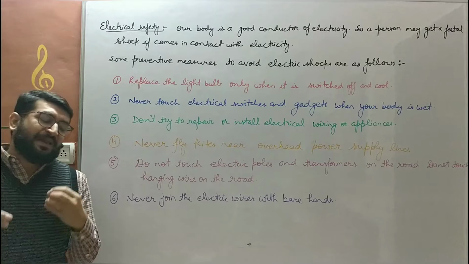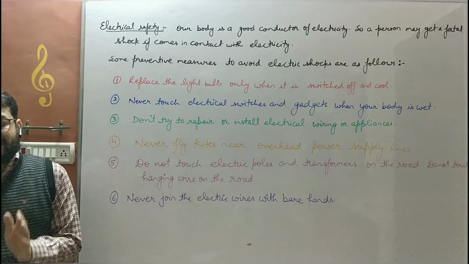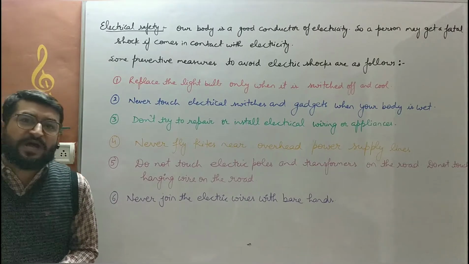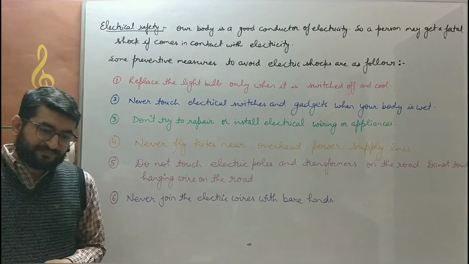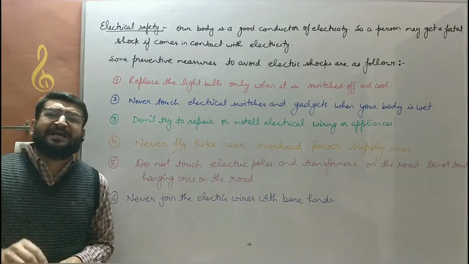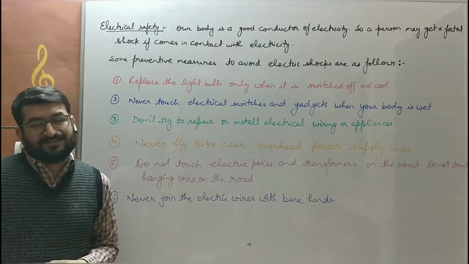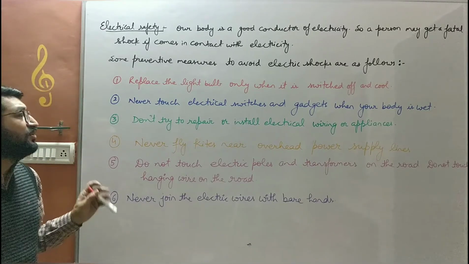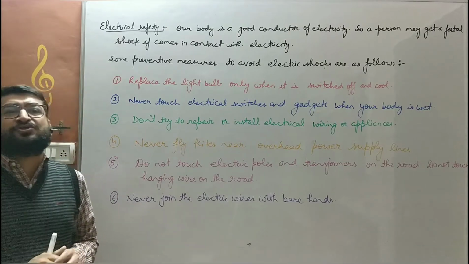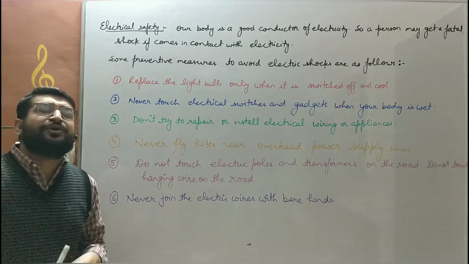First is, replace the bulb when it is either switched off or cooled down. Next, do not touch the electrical appliance or switch on or off the electric switch with your wet hands. Next, do not try to repair or install electrical appliances on your own.